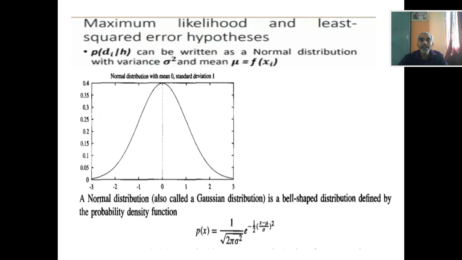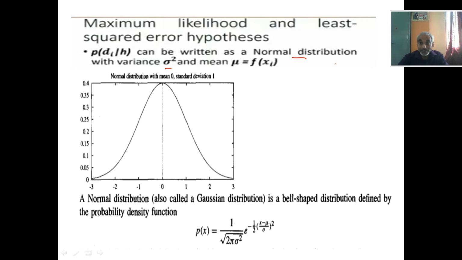Now this p of Di given h can be written as a normal distribution. We can consider this as a normal distribution with variance sigma squared and mean mu equal to f of xi. So you can assume that it obeys a normal distribution, which is a bell shaped curve.